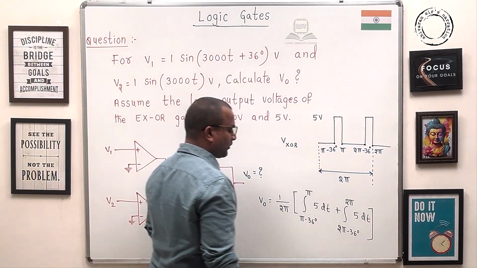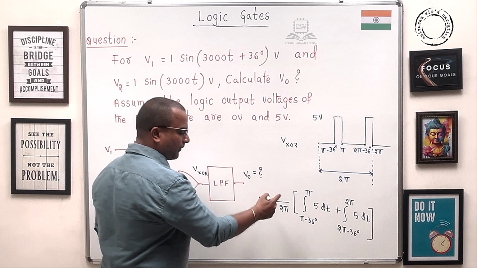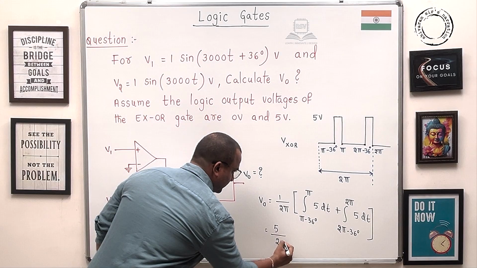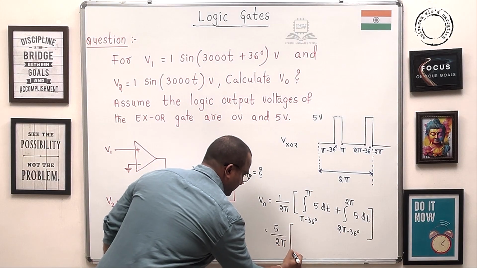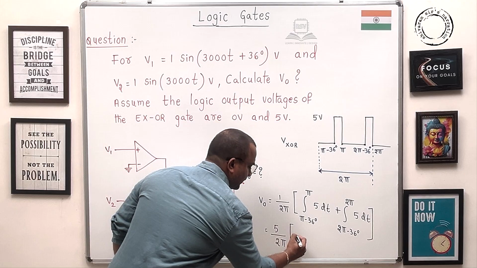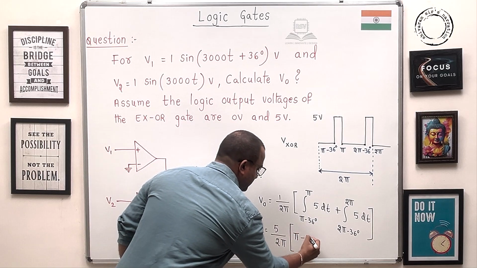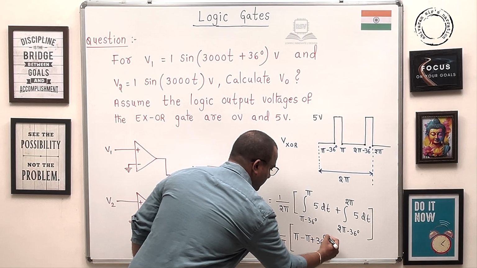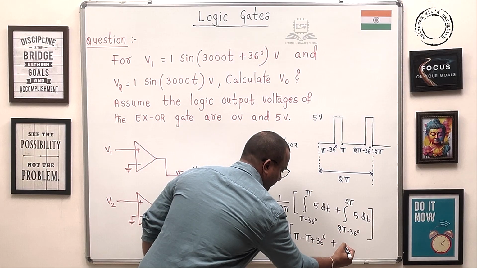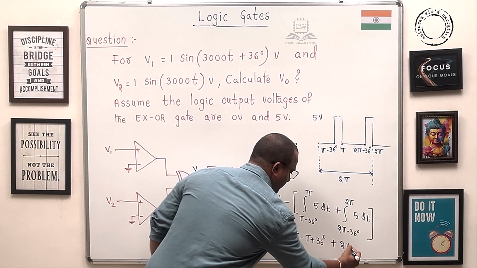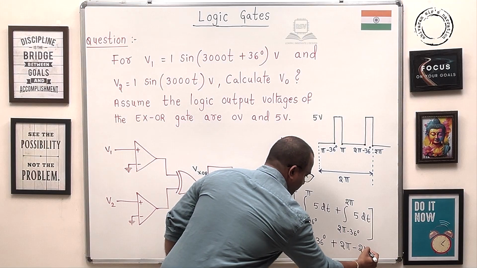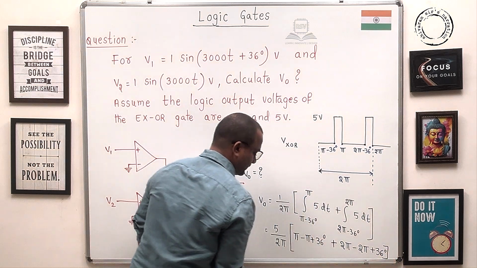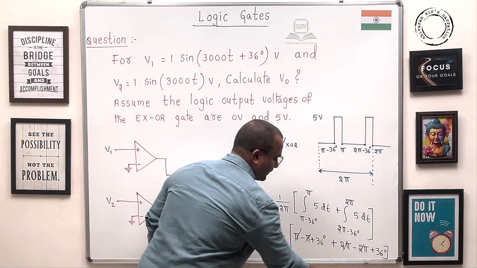Now here you can take the 5 common. It is 5 by 2 pi, so if you apply integration, it is simply pi minus (pi minus 36 degrees). Similarly, 2 pi minus (2 pi minus 36 degrees), isn't it? Yes, pi minus pi gets cancelled, 2 pi minus 2 pi gets cancelled.